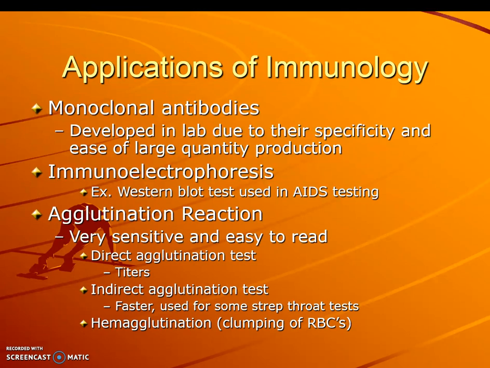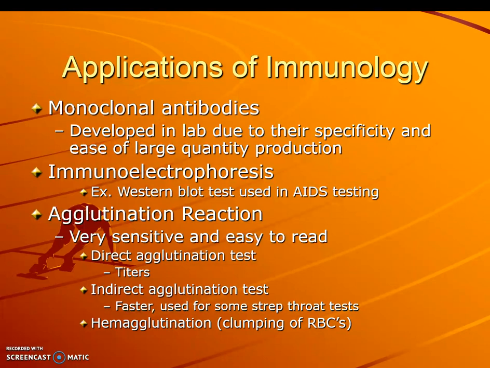Agglutination reactions are used quite a bit in various different types of medical tests. So they're very sensitive, very easy to read. Direct agglutination test is something called a titer. Titers are used to basically measure how much immunity you have in your blood against certain diseases, and it can be used to determine whether or not you need a vaccine for it.